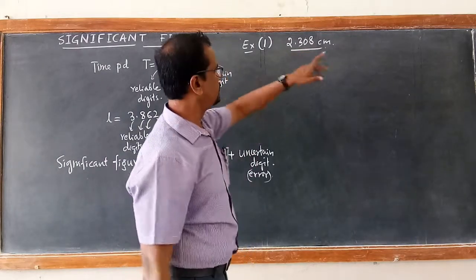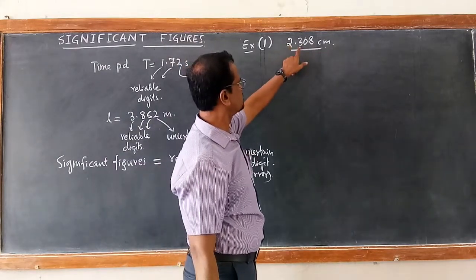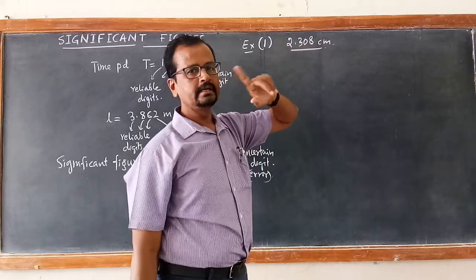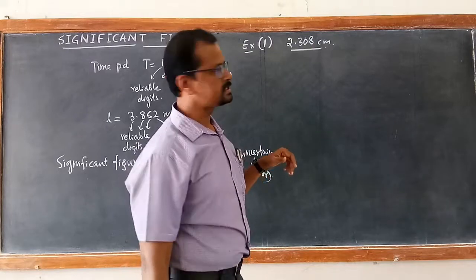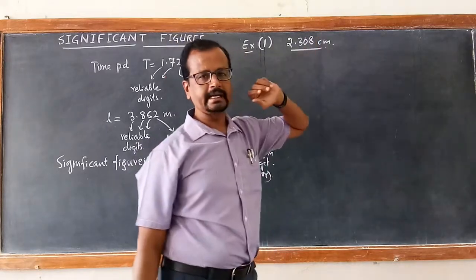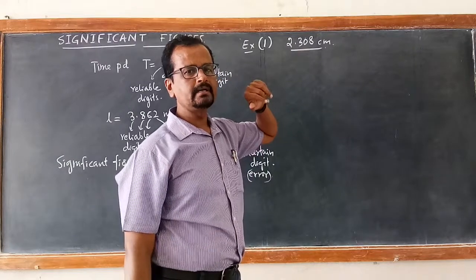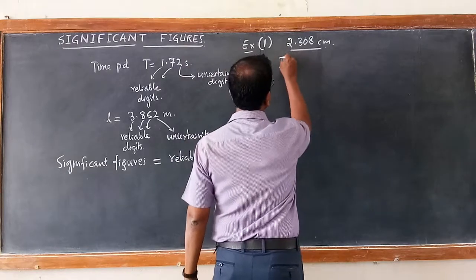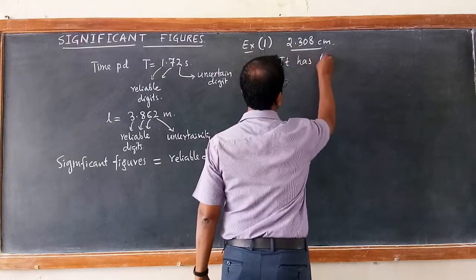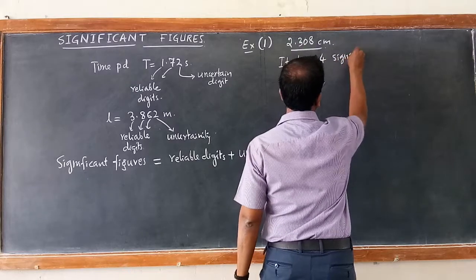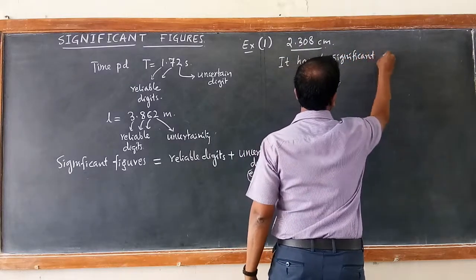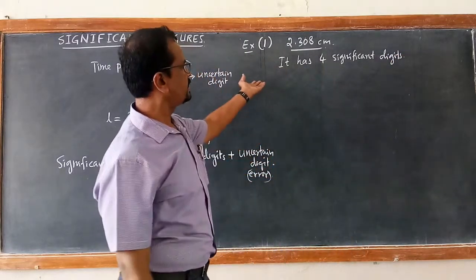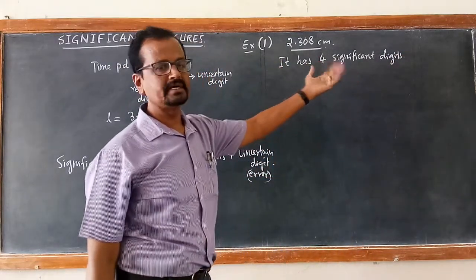In this, the first 3 digits, 2, 3, 0, represent the reliable digits, and the last digit 8 represents the unreliable, that is uncertain, digit. So it has 4 significant digits, or 4 significant figures.